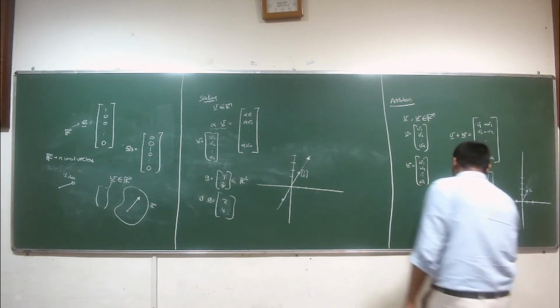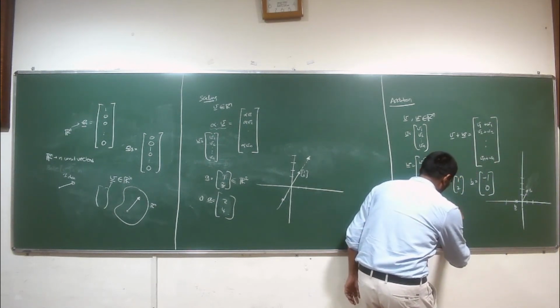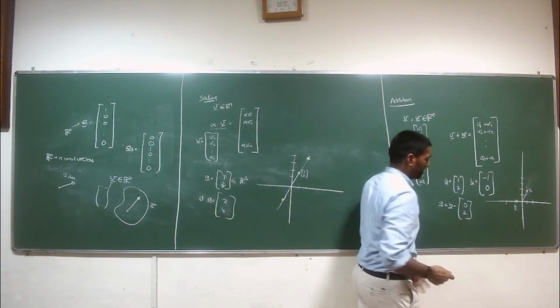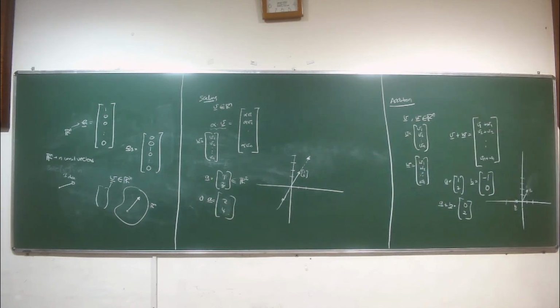What will be A plus B? Where would that be? Here, right? So this would be. What's really happened?